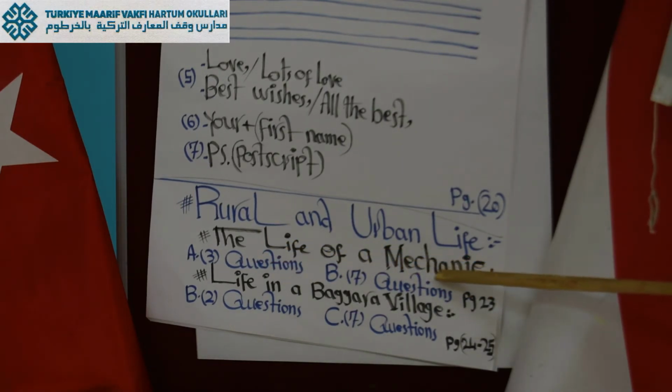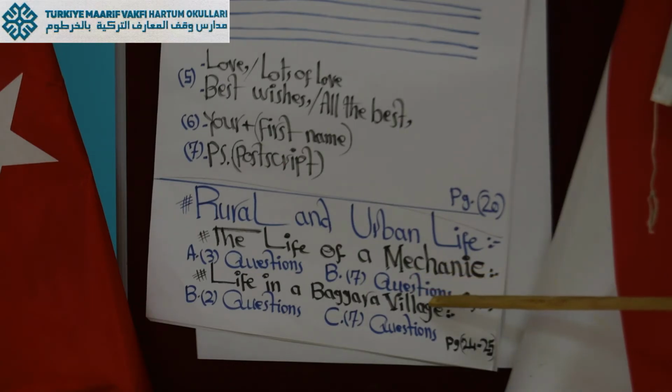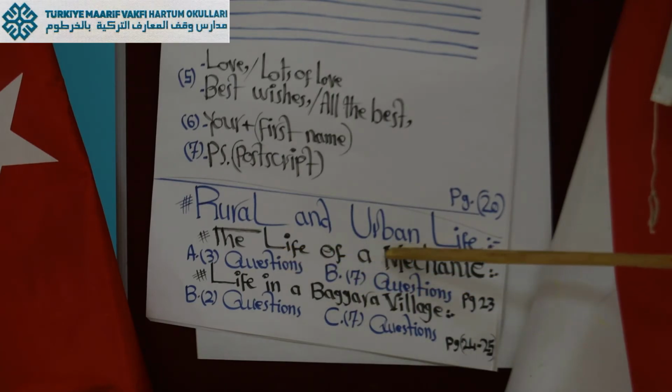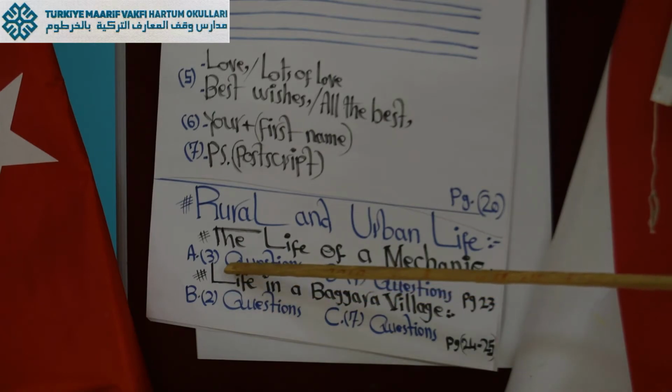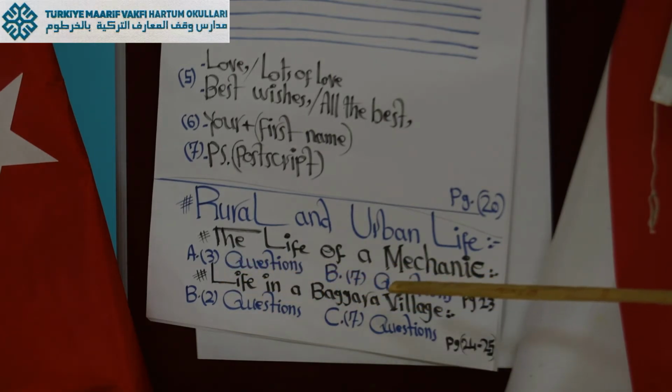A mechanic is the name of a job, a professional work. Somebody who repairs cars, engines, lots of things, works in a garage, we call him a mechanic. You will find this lesson on page 23.